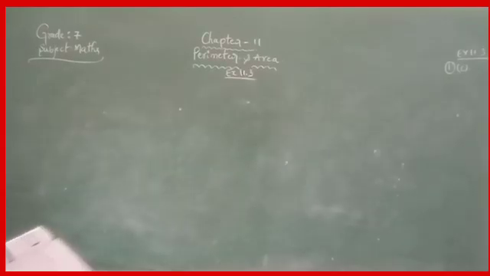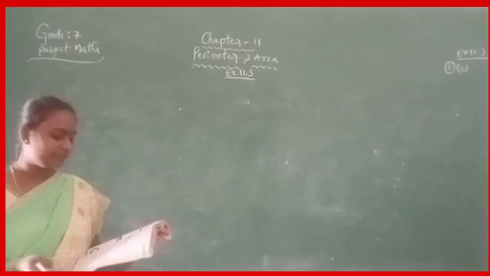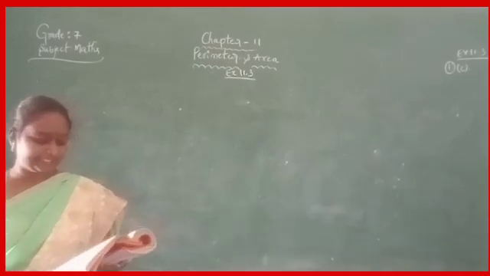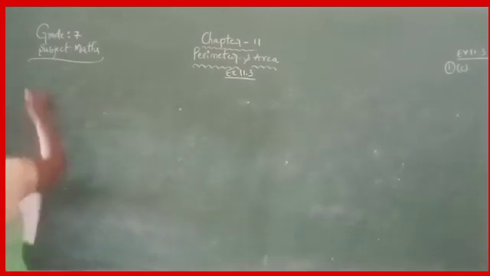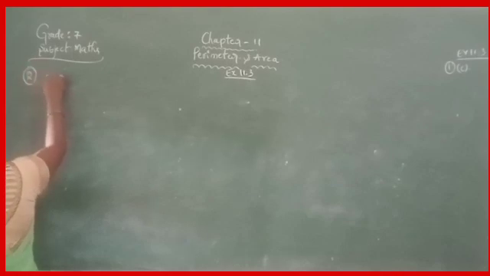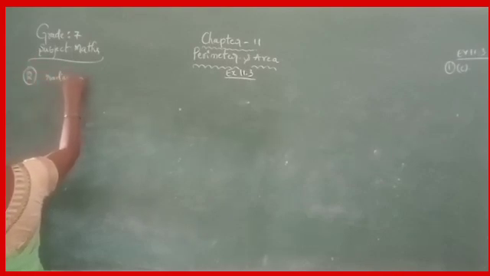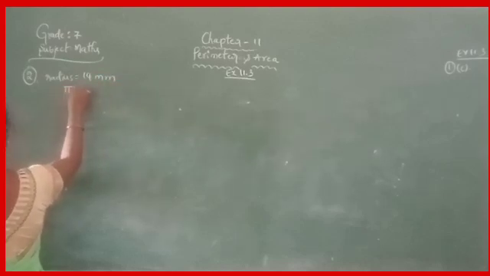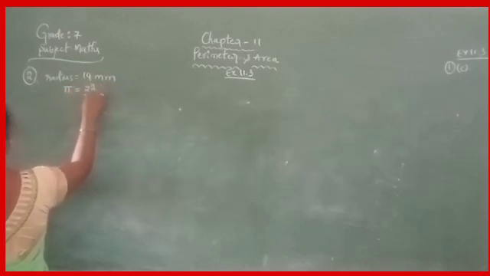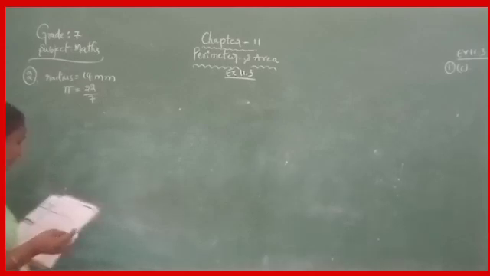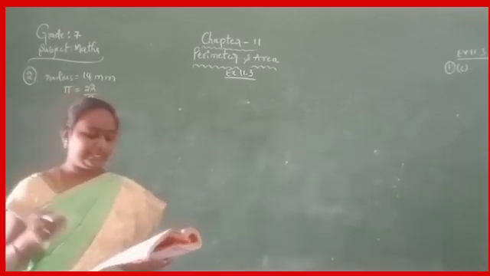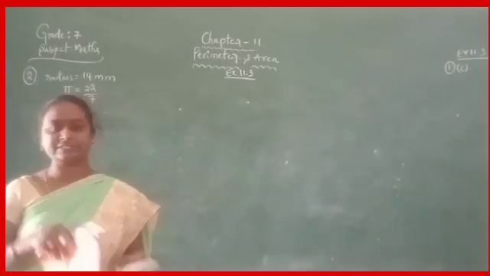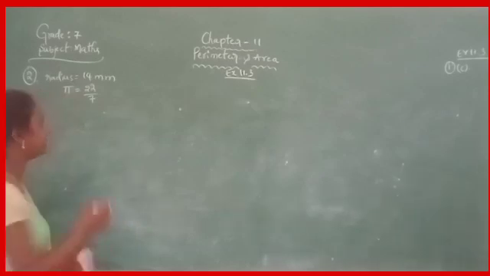See, next, the second one. Find the area of the following circles given the radius. In the second question, the radius is 14 millimeters and take pi value is equal to 22/7. So what do you have to find here? Area of the circle. What is the formula for the area of the circle?